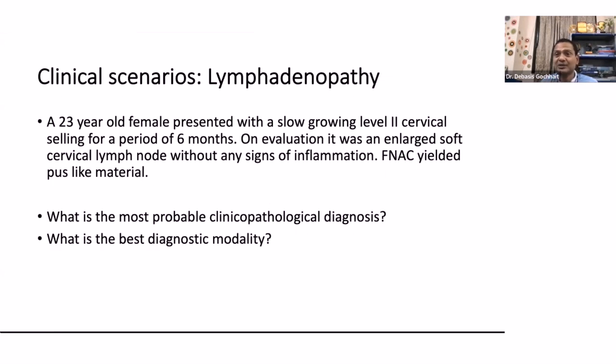But if it is an MCQ, then how the question can be framed? Just see. So, here, on evaluation, it was an enlarged lymph node without signs of inflammation. Then the question will be, what is the most probable expectation on an FNAC smear? Lot of neutrophils, giant cells with granulomas.